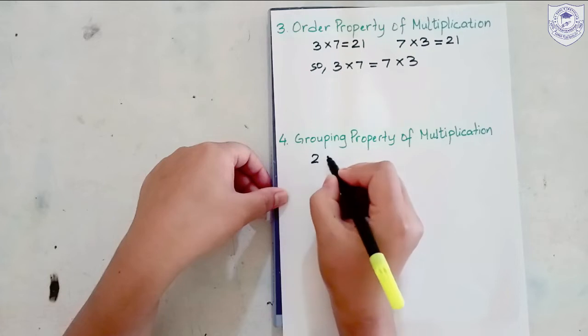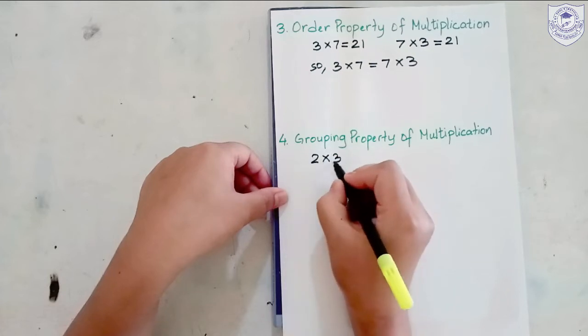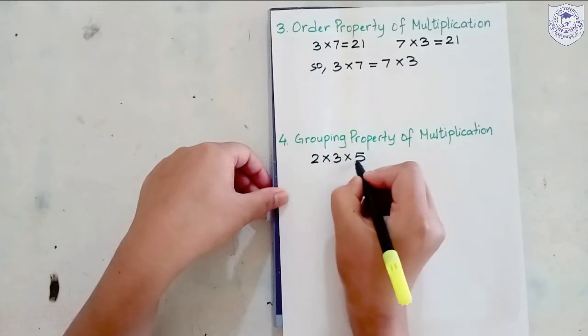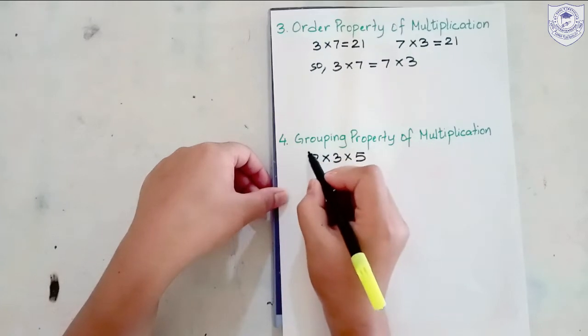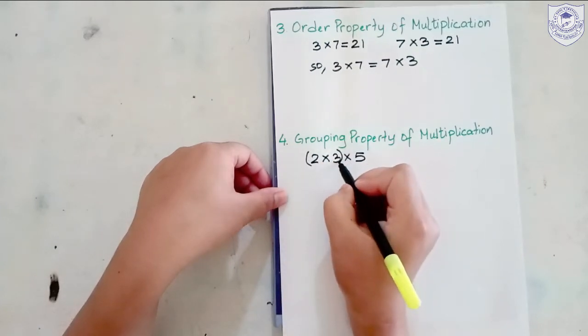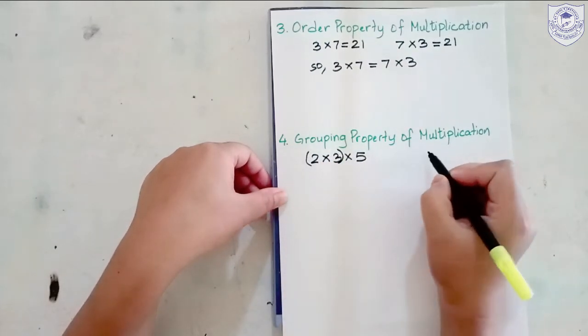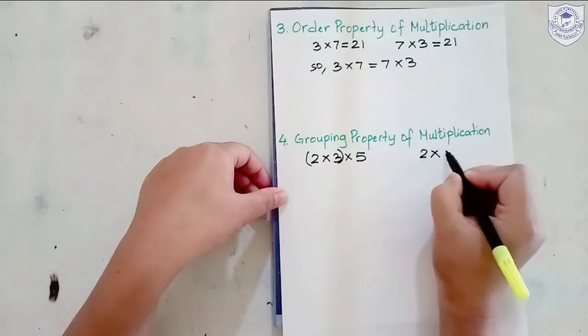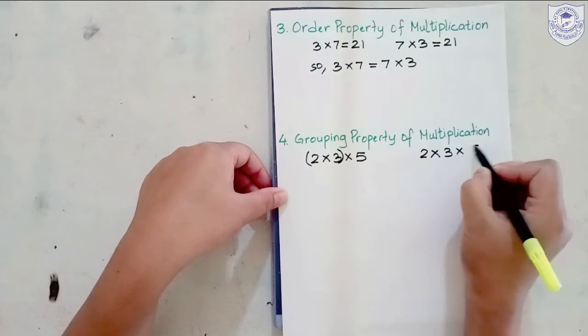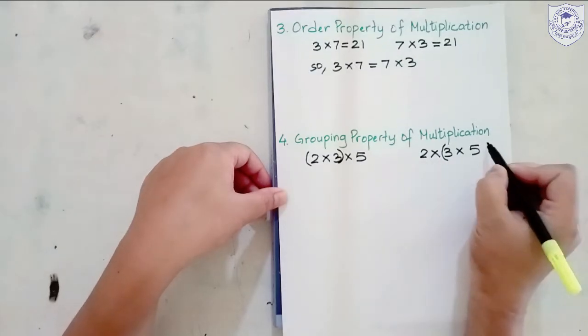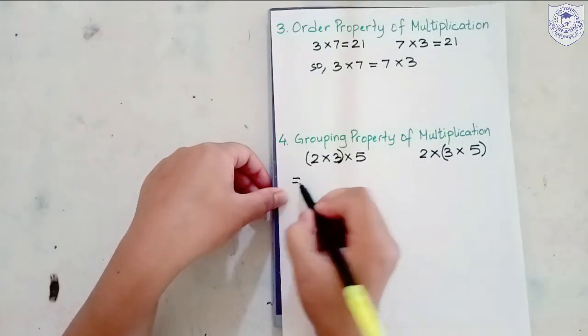Let's say we are going to multiply 2 into 3 into 5. Let me group the first and the second number, and on the other side we are going to multiply the same numbers, but we are going to group them differently. Here 3 and 5.